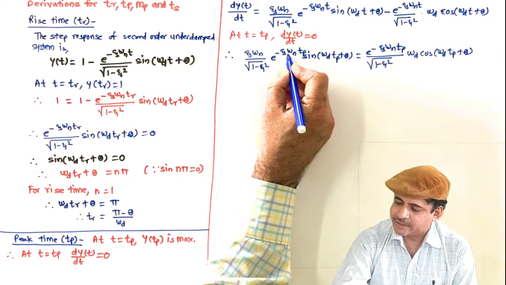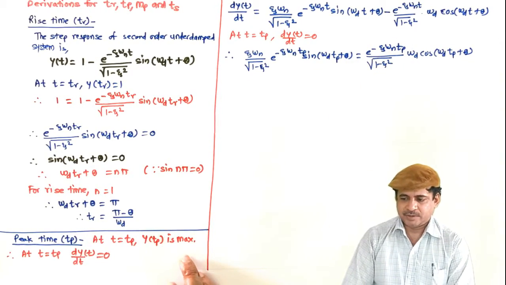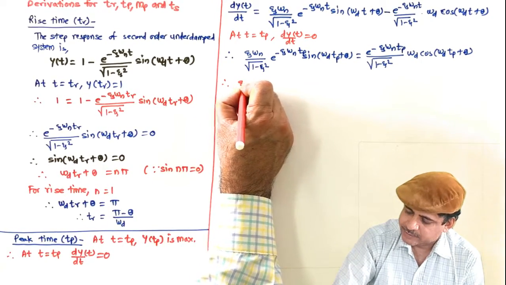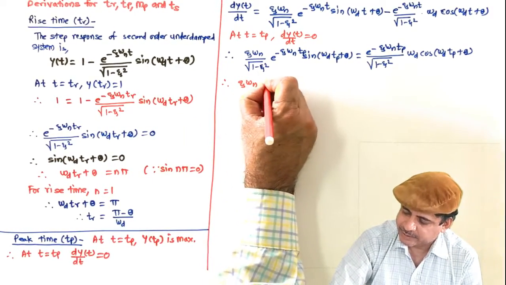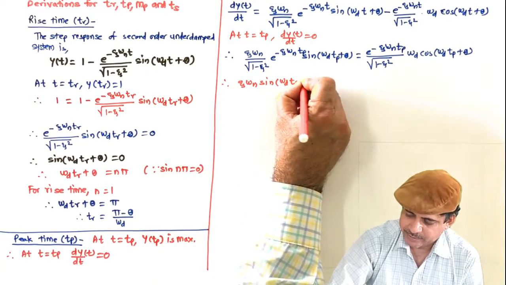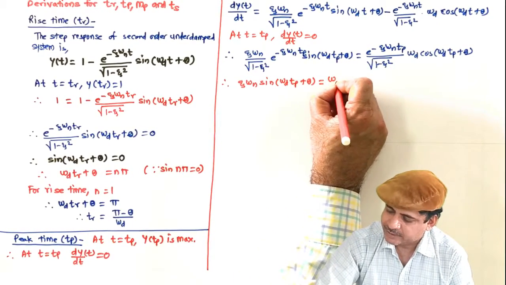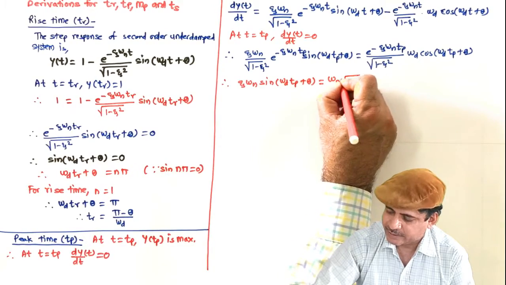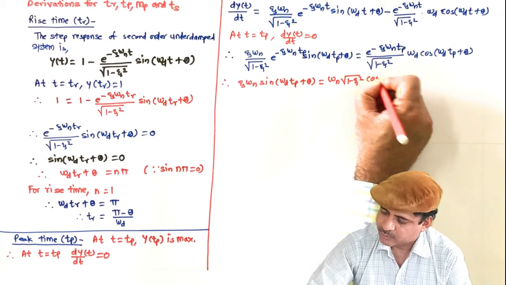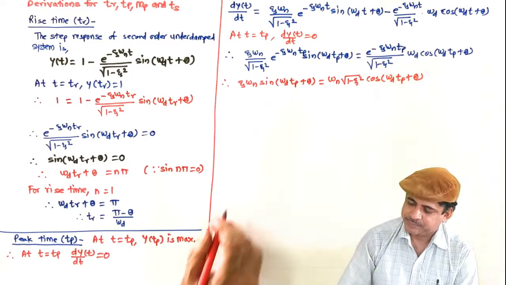So this e raised to minus zeta omega n Tp by under root 1 minus zeta square gets cancelled, and we get zeta omega n sine omega d Tp plus theta is equal to omega d. I will write this as omega n into under root 1 minus zeta square into cos omega d Tp plus theta.